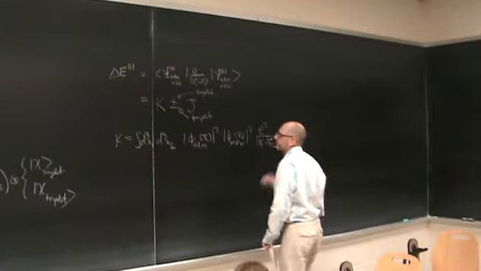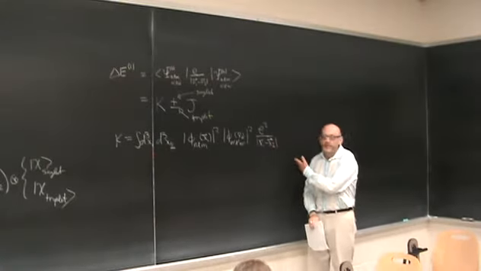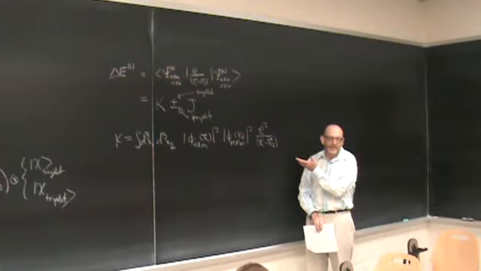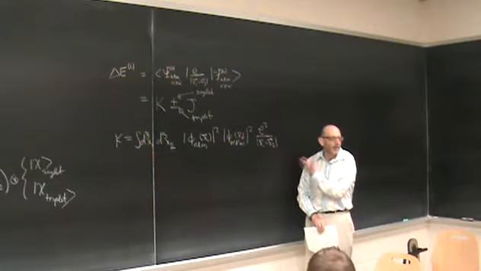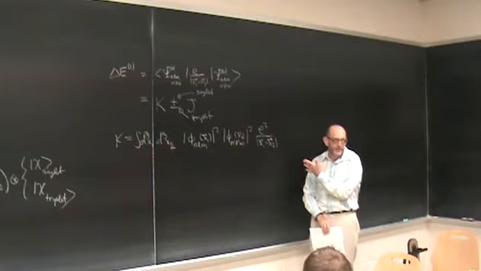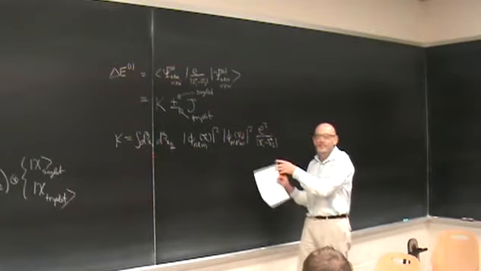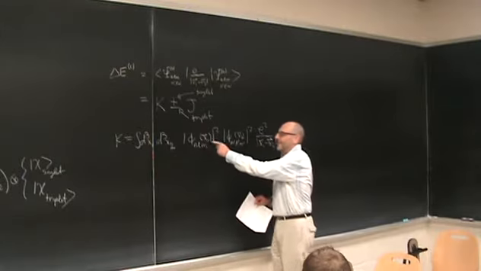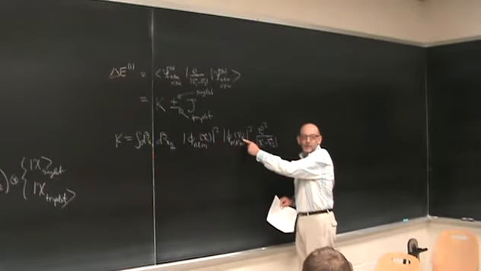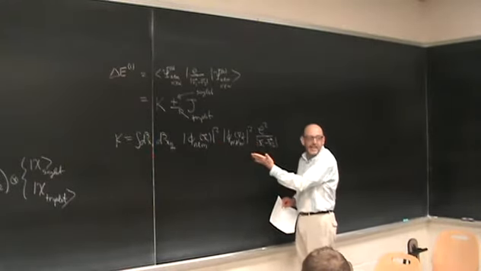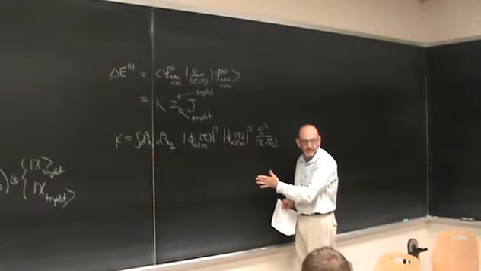Now notice, this integral is symmetric under exchange of x1 and x2. It doesn't matter what I'm calling 1 and 2, okay? So I really had two terms like this, one where this guy was 2 and the other, and this guy was 1, but they added together to give this one term.